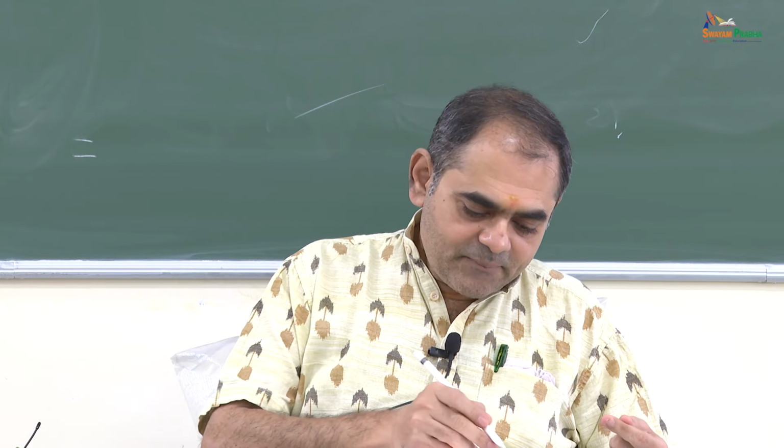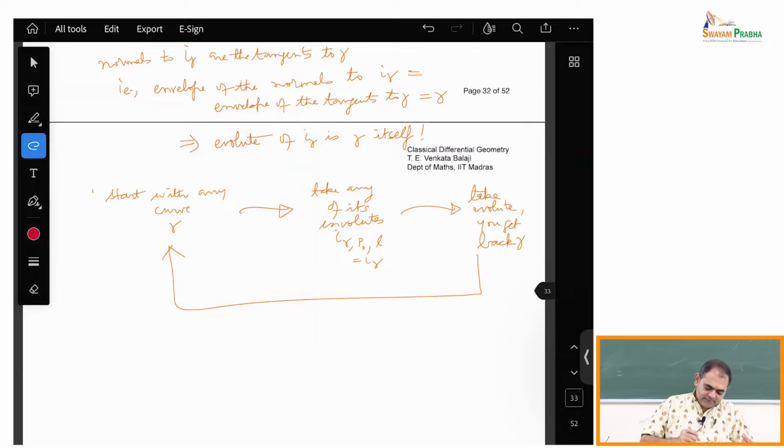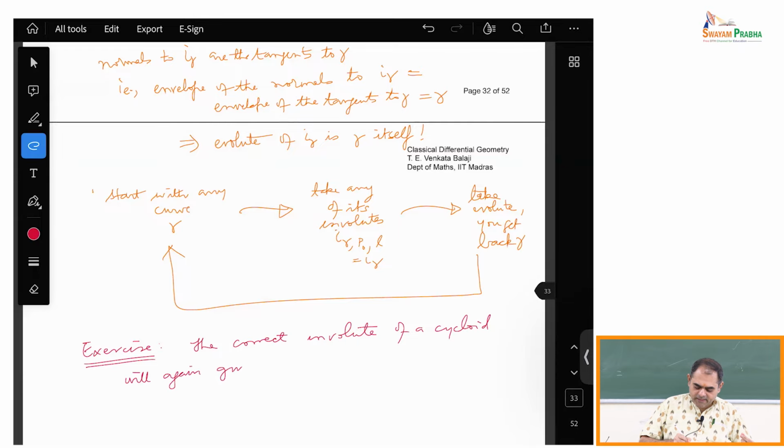So therefore you have this exercise, which can again be written down, that you take a cycloid and you take the right involute, you will get back a cycloid. So let me write that down. Exercise: the correct involute of a cycloid will again give back the cycloid.